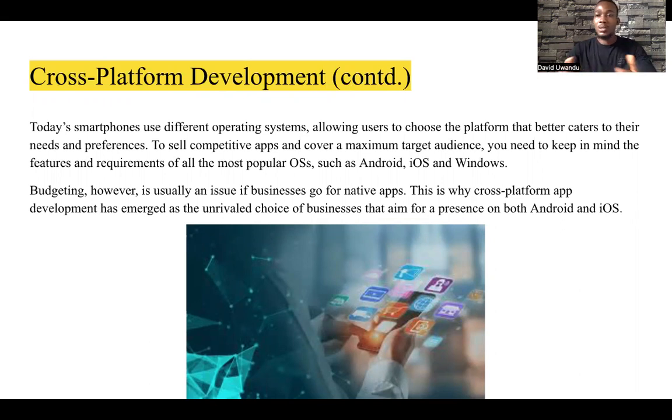So, businesses opt for cross-platform mobile app development so that they can reach the maximum audience and also reduce cost and save time on production. So that is why this idea came into place, and that is why it is trending these days to just have an app that runs across multiple operating systems.